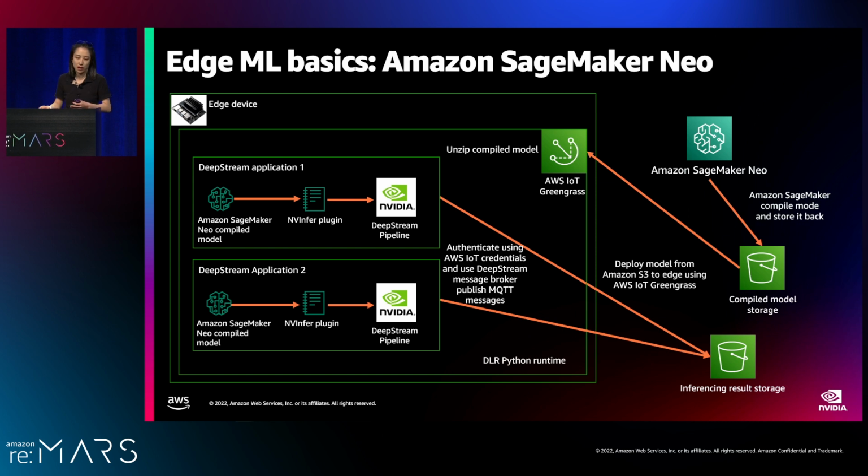It's a shared library, basically. Then this plugin you can build with a makefile, compiling that Neo shared library together with the NVInfer plugin. And then that NVInfer plugin can be called by your DeepStream application, and that runs seamlessly with the rest of the DeepStream application layers. So this is the first strategy to implement this.